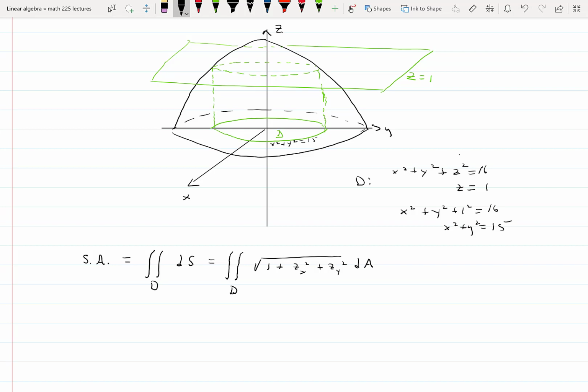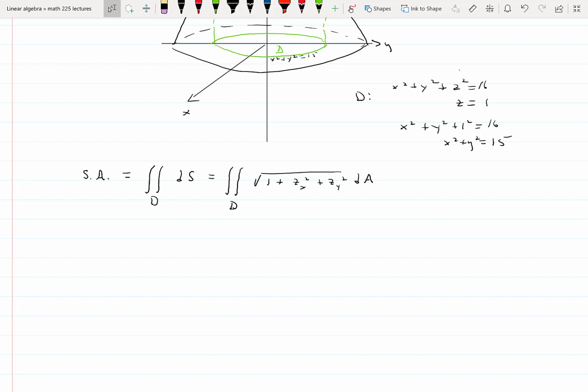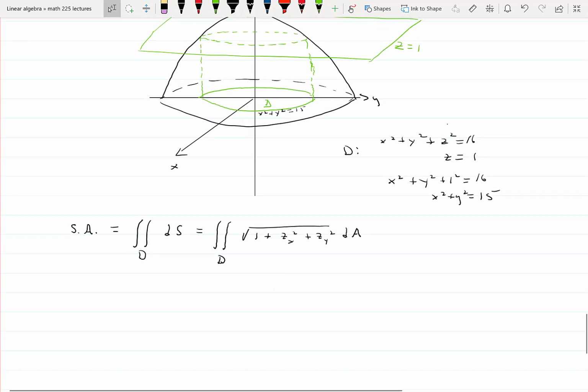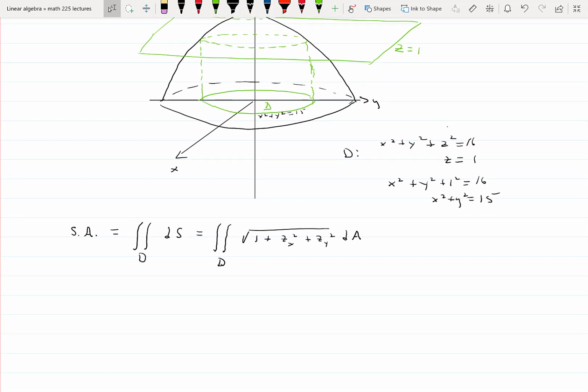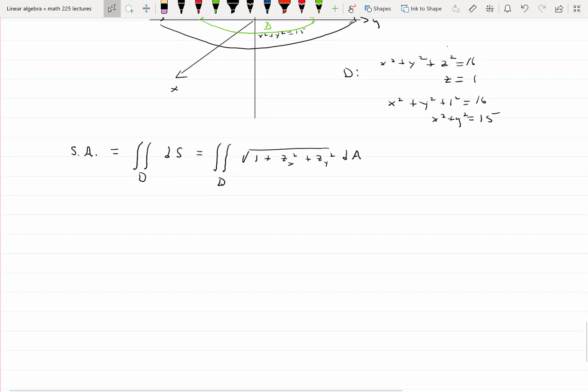Now I'm going to need my little dS, so let's find that. dS is the square root of 1 plus the partial derivative of z with respect to x squared plus the partial of z with respect to y squared. Well, let's go to our surface. Our surface is x squared plus y squared plus z squared equals 16.